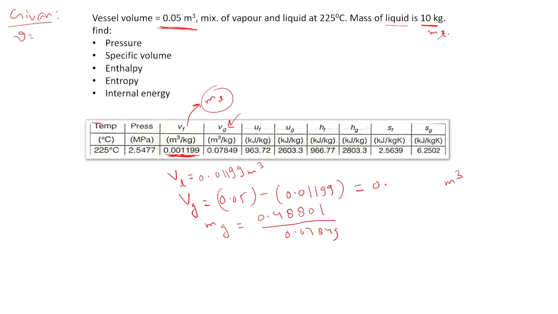It's actually 0.038. Now this is correct, right? So what is the mass of the vapor? 0.484.